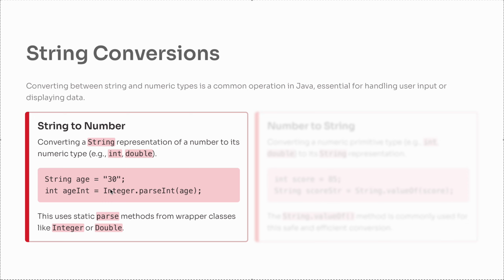But here, if we want to convert to an int, use the Integer wrapper class and the parseInt method to convert from the age "30" string to a number.